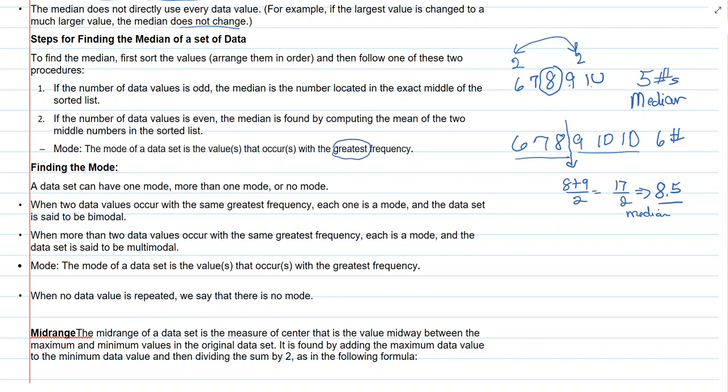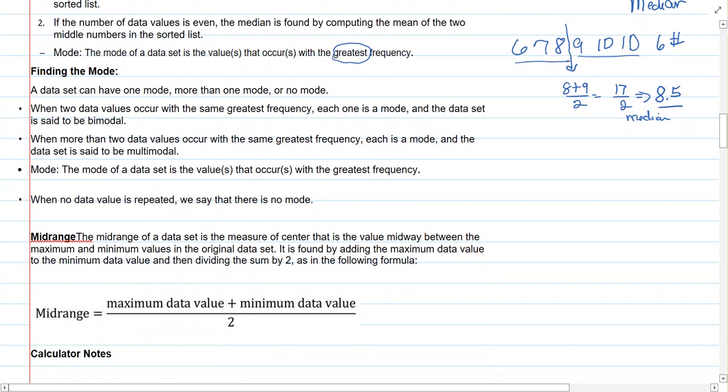Greatest means that it has the most repetition in the data. And you can have one or more than one or none if it's singular in scope. Then, and I wrote there, when no data value is repeated, we say there is no mode.